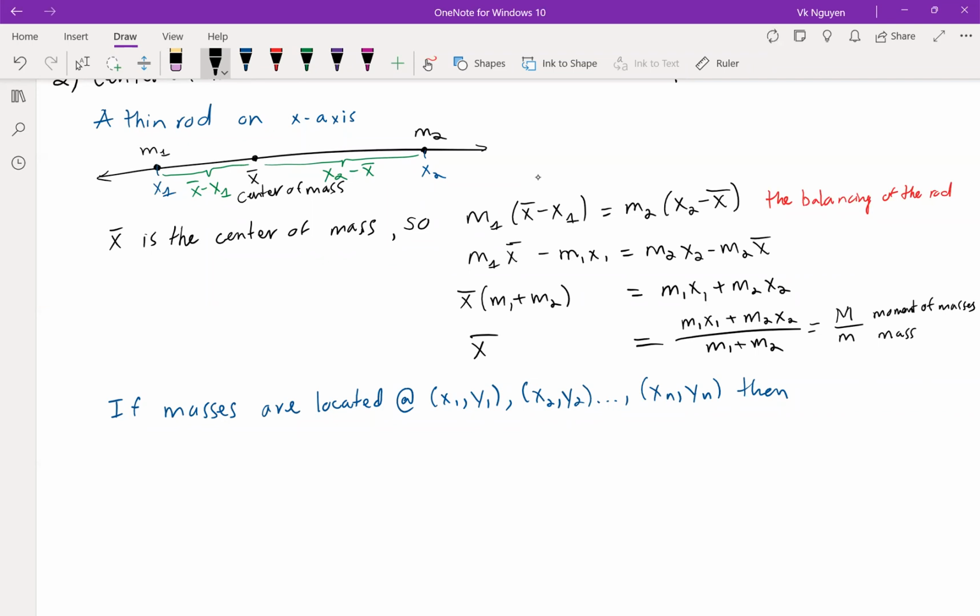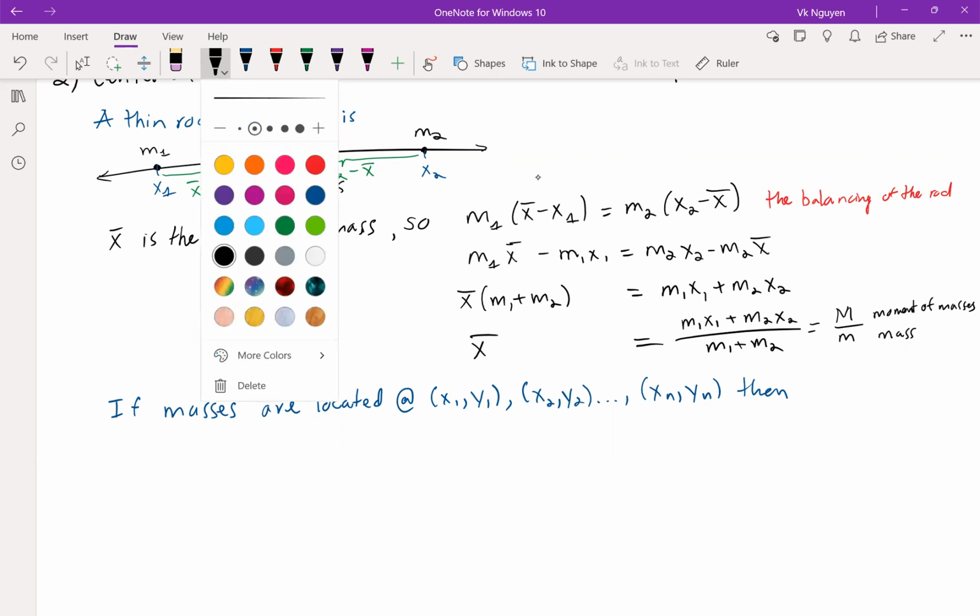Well, for the masses located at the points, we have a moment of mass about the y-axis and about the x-axis.